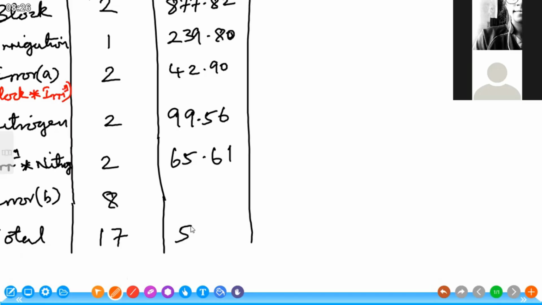We can check this in our practical, either tomorrow or today. We cannot, probably tomorrow. I'm getting a value something like 549.89. Are you all getting this value or a different value?